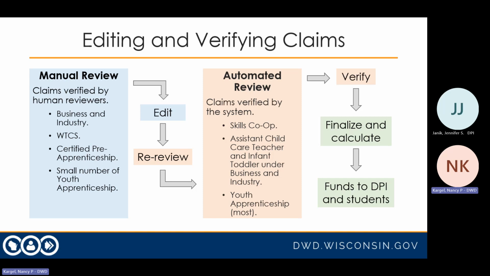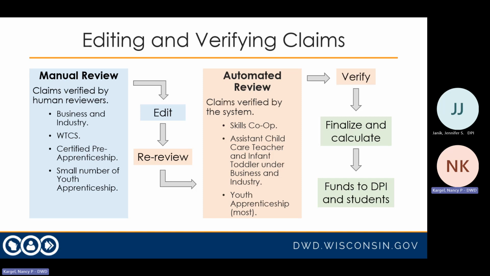The next step is part of the resolution phase and is shown in the first peach-colored box. Program staff re-reviews the resubmitted claims and works with districts to resolve the technical issues when possible. The resolution phase includes the automated reviews done by the claims portal system for a subset of claims.